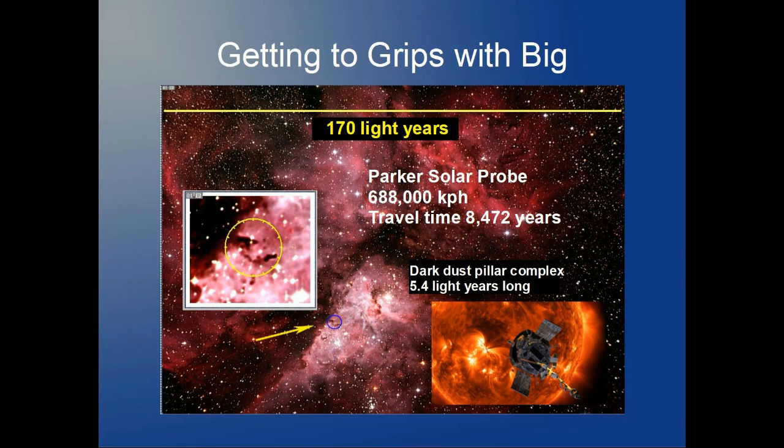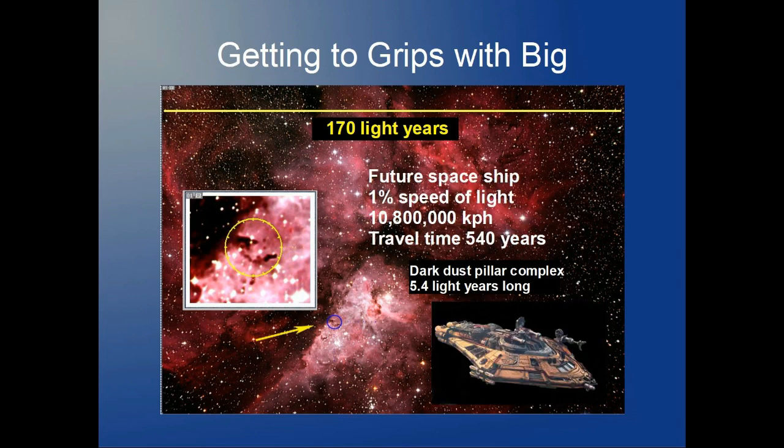I do that because 10.8 million kilometers per hour is just about 1% of the speed of light. It's hard to comprehend a man-made object travelling at 10.8 million kilometers per hour, but we can live in hope. If we build a spaceship that travels at 1% of the speed of light, our journey of 5.4 light years would still take us 540 years to complete.